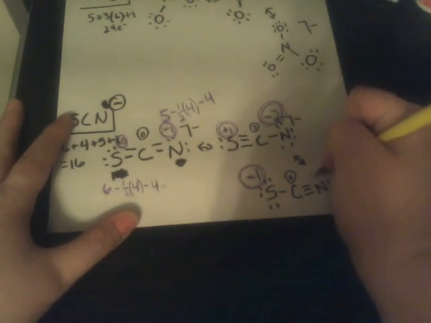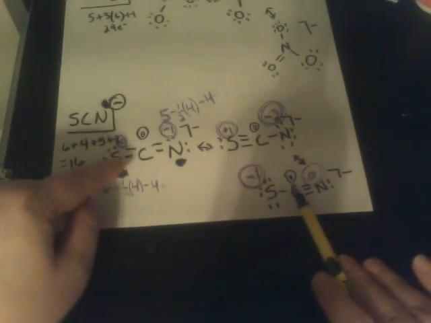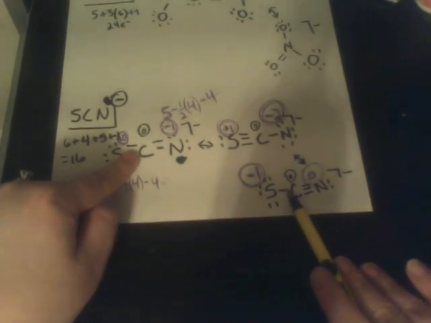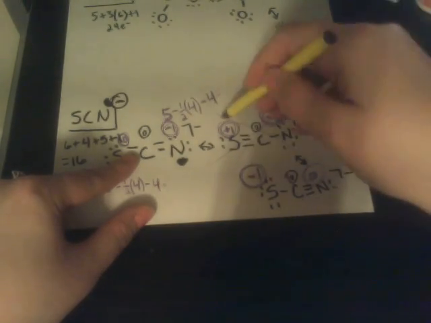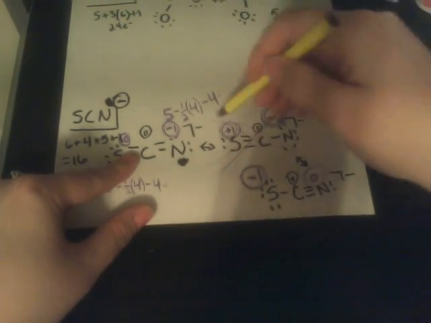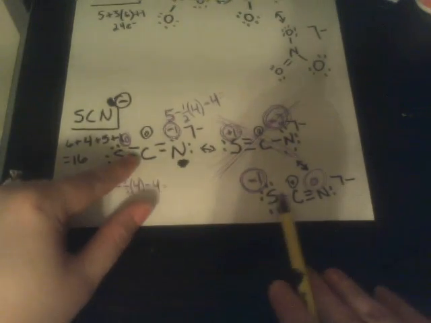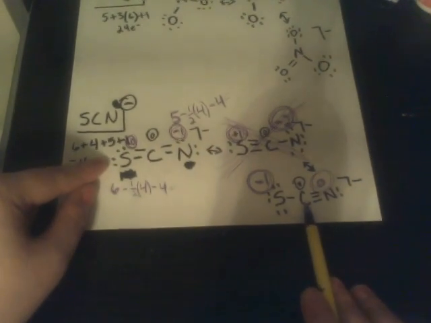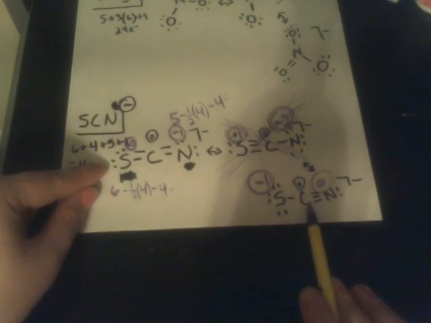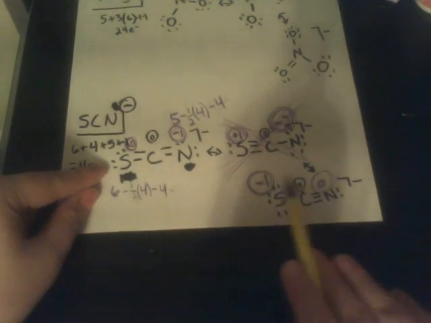Nitrogen's going to be 0 in this case. So it looks like our two contenders are these. This one is probably not the best structure, right? Because it has such wacky formal charges. The only difference between these two, this is tied very closely to your quiz, is the placement of the negative.